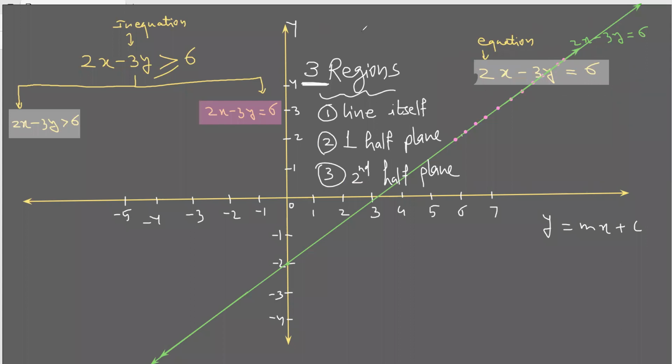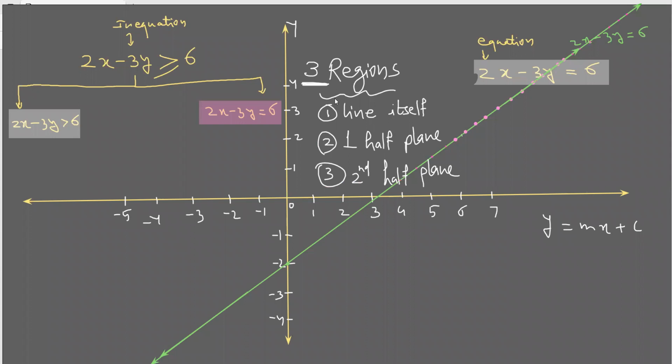One is the line itself. Disjoint means no overlapping. So one region is all the points on the line itself, and the other regions are half planes.